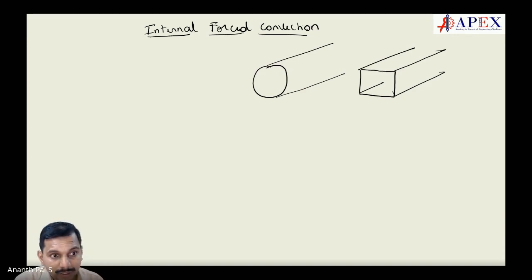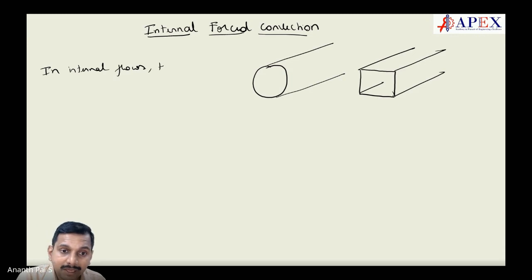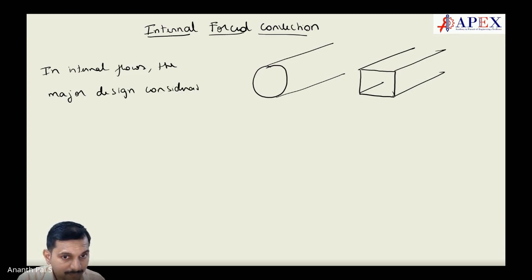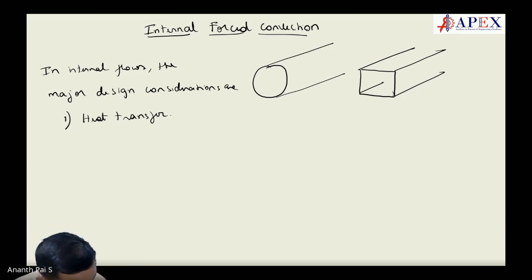So in internal flows, the major design considerations are, first one is heat transfer, either making the heat transfer or stopping the heat transfer.